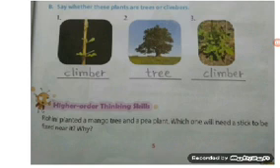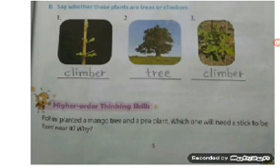Now below that, higher order thinking skills. Rohini planted a mango tree and a pea plant. Which one will need a stick to be fixed near it? Why? Now see, this question you need not write, children. You can discuss this with your parents. Now you have studied all the types.